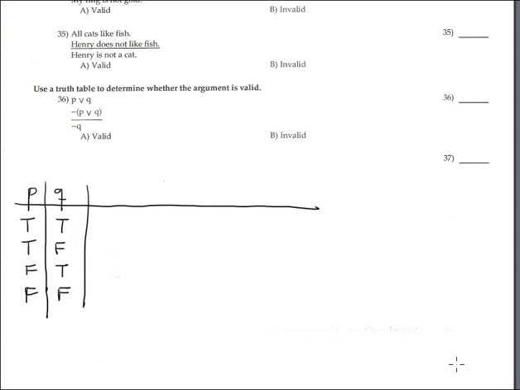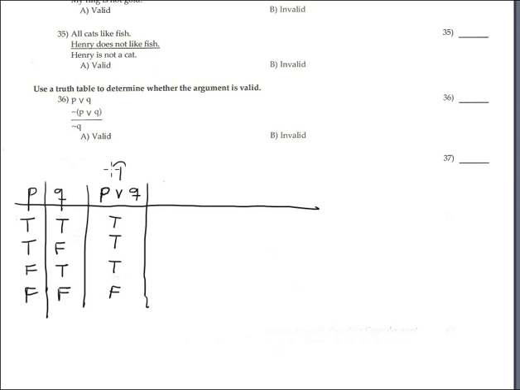Okay, 36 is using truth table to determine if the argument is valid or not. So we have the four combinations of P, Q. Now let's proceed premise by premise. This is the first premise. This disjunction is true when at least one statement is true, and it's false when both are false.